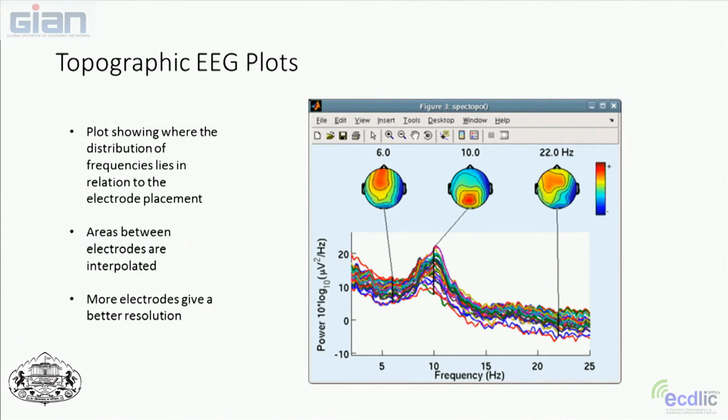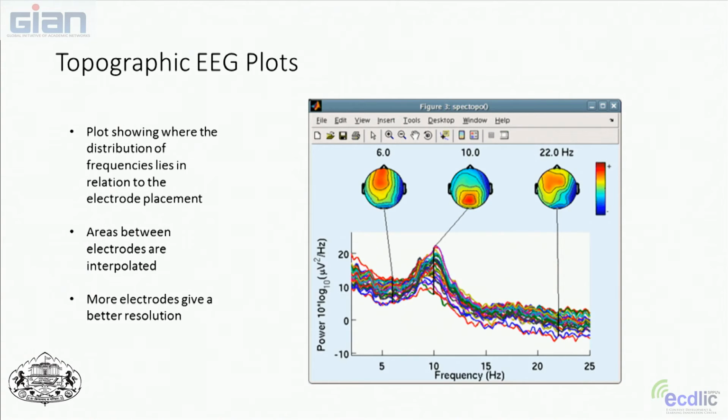We could take this and then we could attribute this signal at each electrode location in the head. And then we can show where slower waves are present in the head and where faster waves are present in the head. So this is a plot showing where the distribution of frequencies lies in relation to our electrode placement.